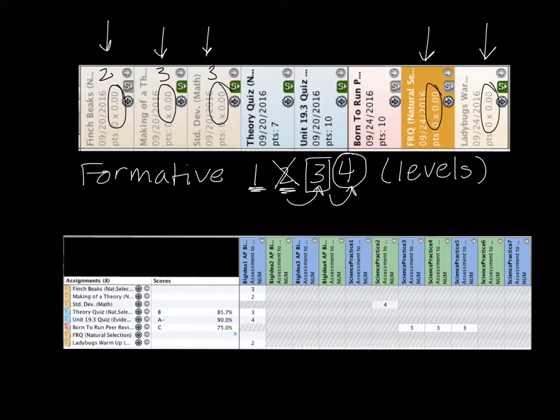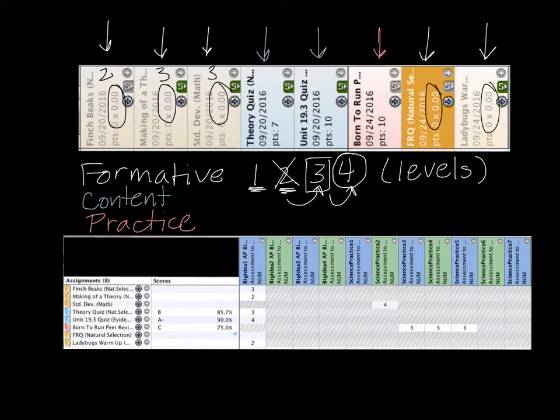The other two colors of assessments you'll see are these blue assessments and the pink or red assessments. The blue assessments are the content standards, and the red assessments are the practice standards.